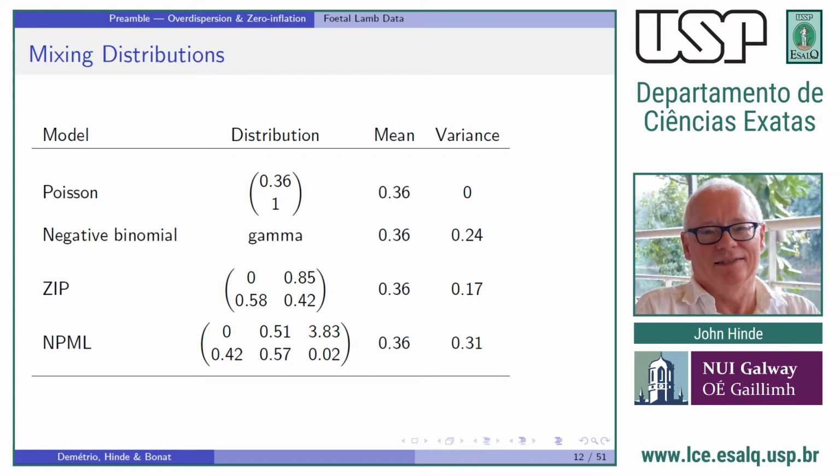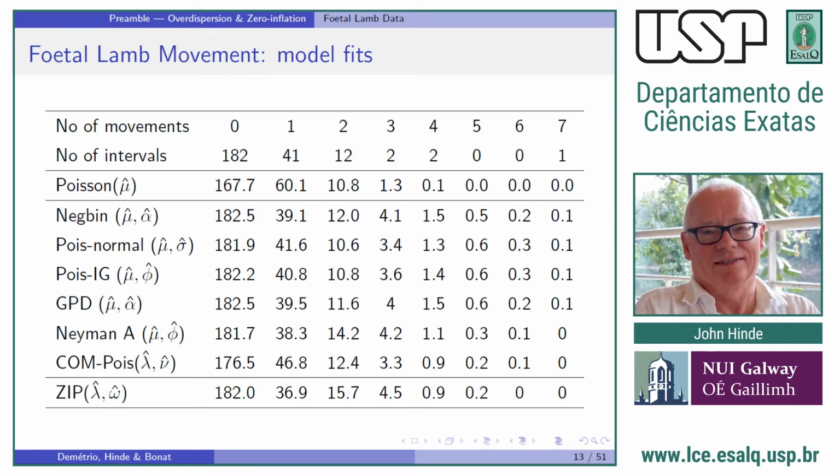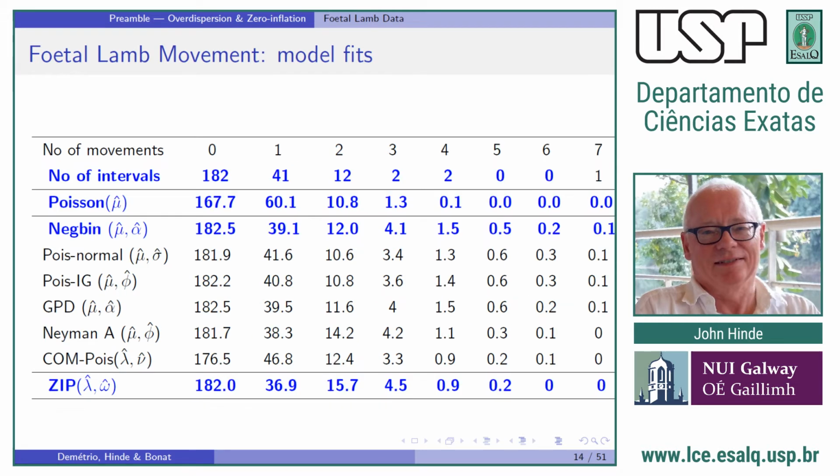How well do these do? Well, here we go. Here's lots of fits of different models. There's the original data. Let's just focus on a few of them. Here's the Poisson. It didn't do very well. Here's the negative binomial. It does very well. Here's the zero-inflated Poisson. It does pretty well too.